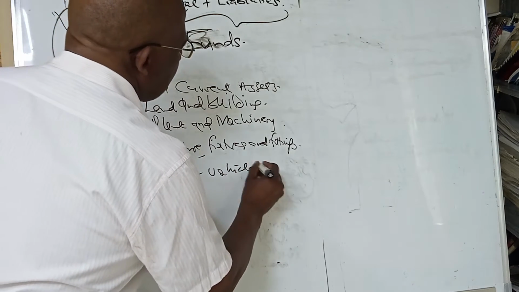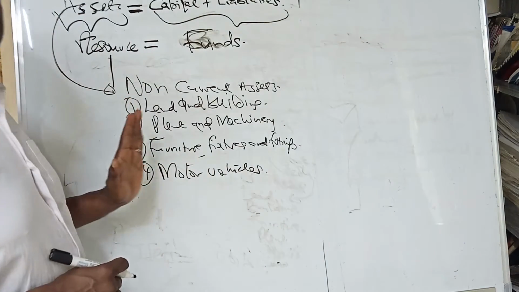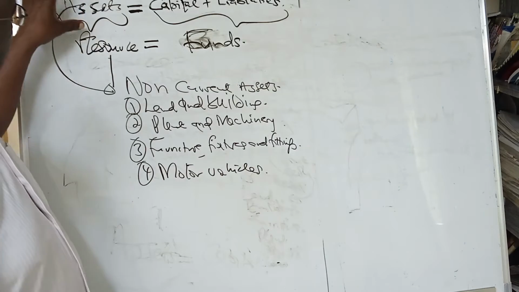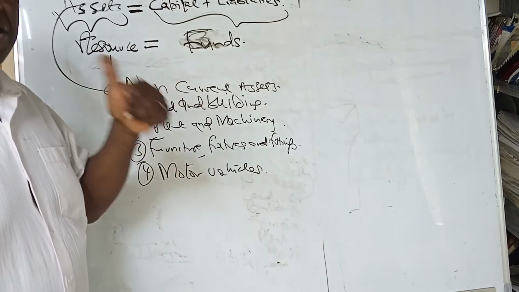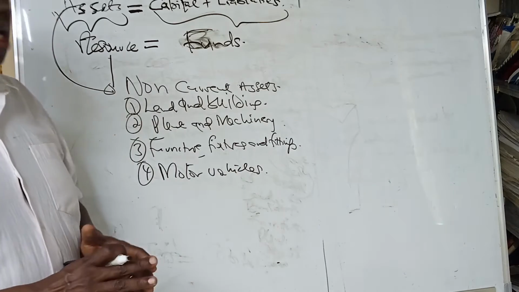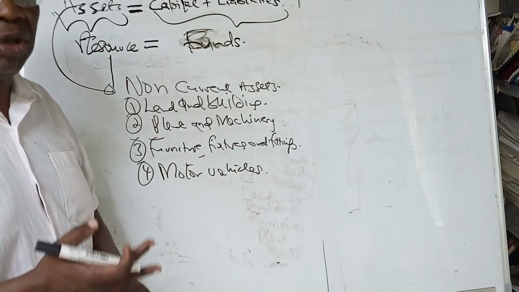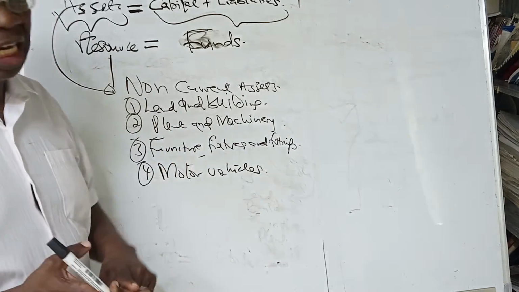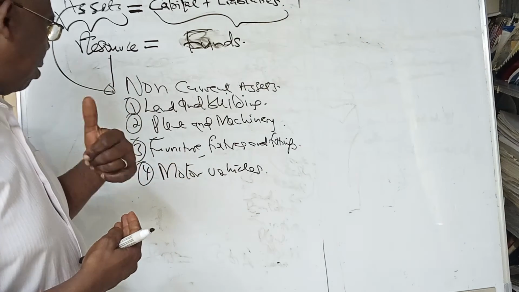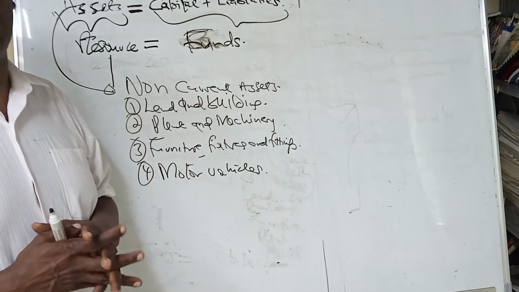Among the assets that you're going to find from capital and liability, they are non-current assets.